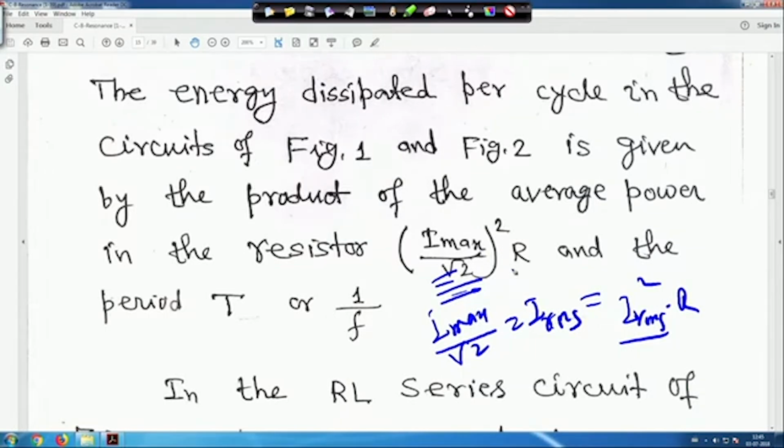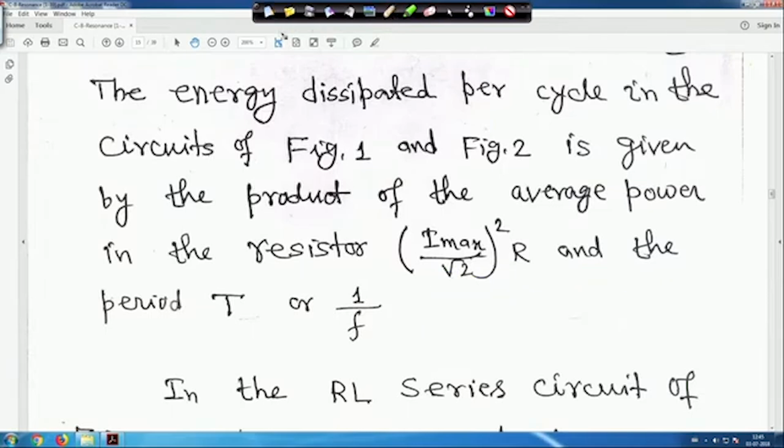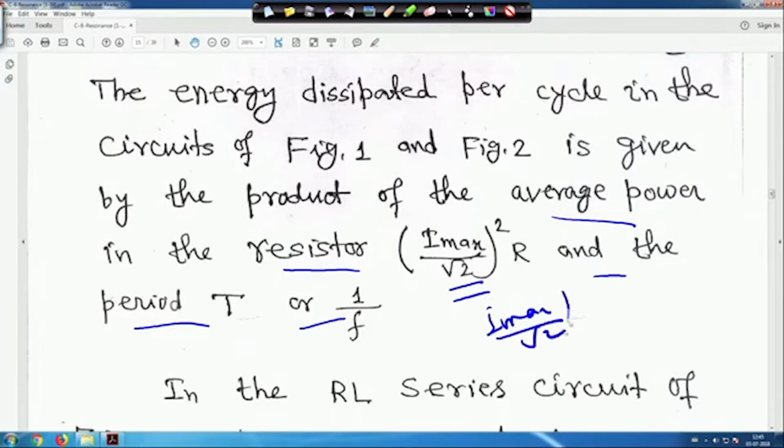The average power of the resistor is I max by root 2 square into R, and the period T is 1 upon f. Per cycle means it is divided by f.